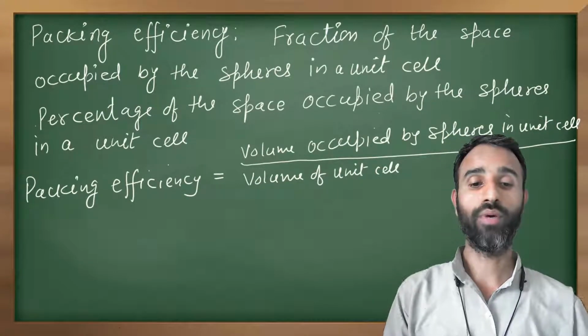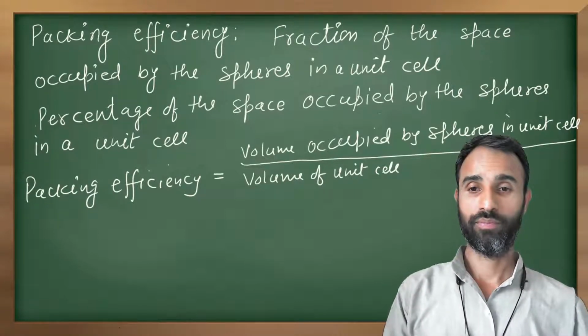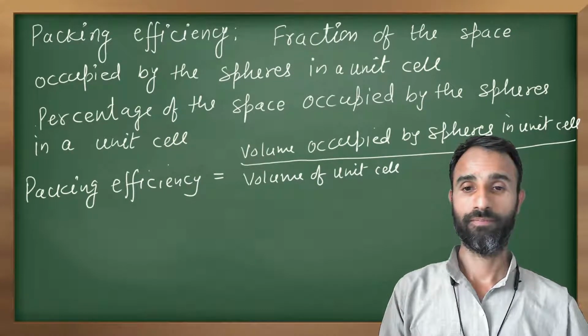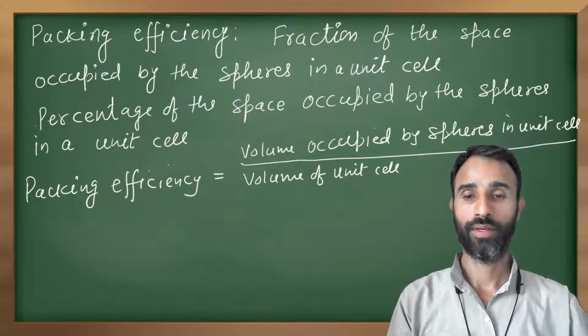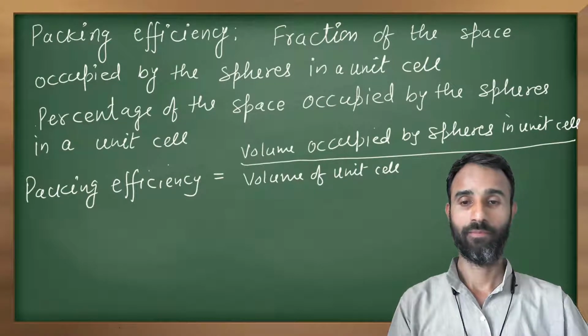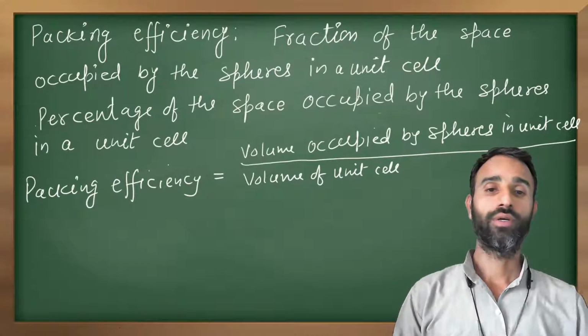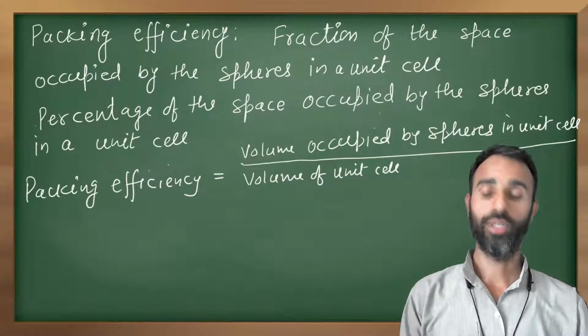Divided by the volume of unit cell. Okay. Is it clear up to this? That volume occupied by the spheres in a unit cell divided by the volume of unit cell.